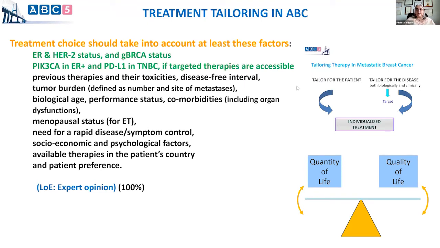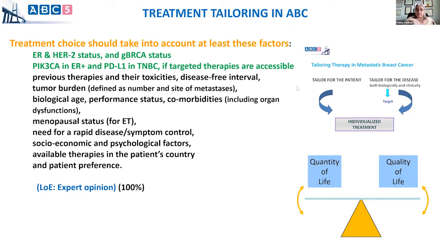Now, how do we decide what treatment to give? So I think you all have heard about precision medicine, individualized treatment, treatment tailoring. So the treatment tailoring is important in every stage. It's important for early disease, but it's also very important for metastatic disease. And how do we do this?